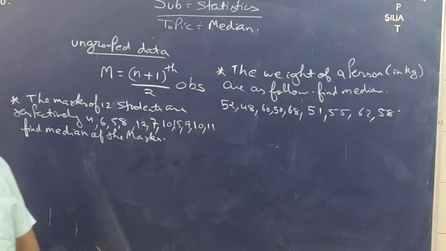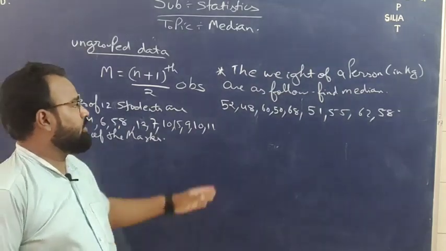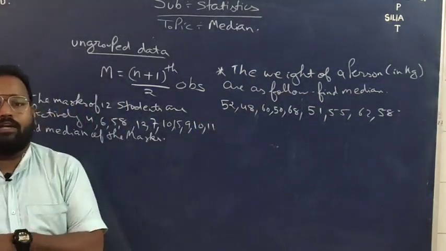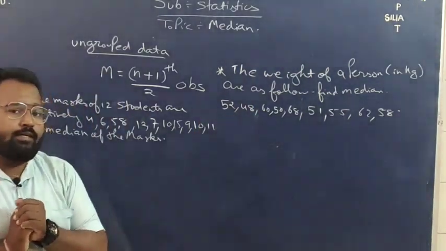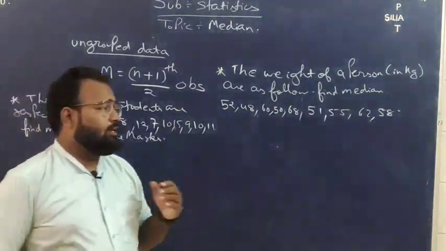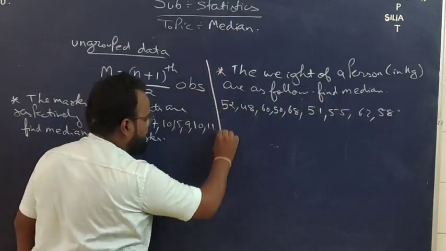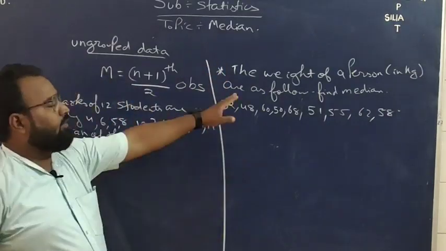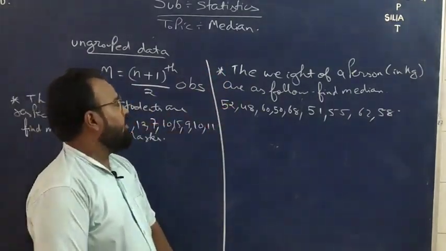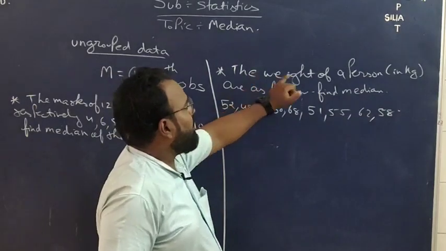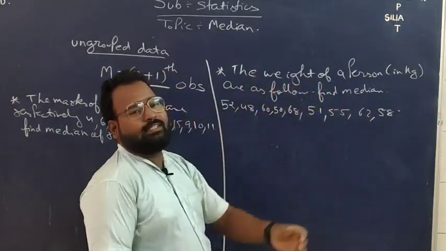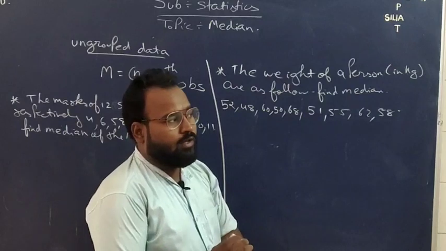So students, as you can see the question, first we are doing the sum of the ungrouped data. In the ungrouped data, only simple numbers are given. The weights of a person in kg are as follows.